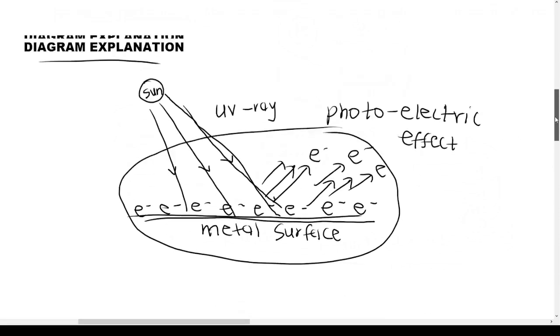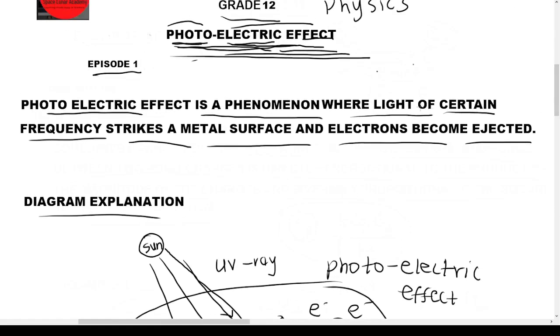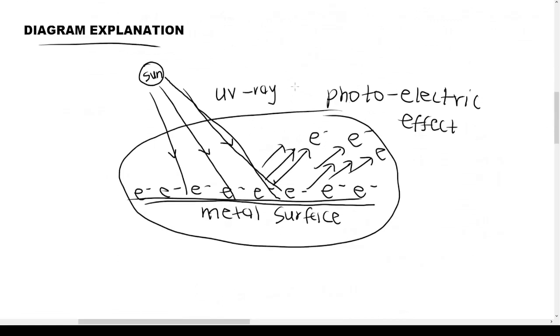Keep that in mind. Not all frequencies will remove an electron from a metal surface. In other words, it must be light with a certain frequency. It means a red light will not be able to remove electrons in most metal surfaces, because red light tends to have the lowest frequency that is possible in the spectrum.